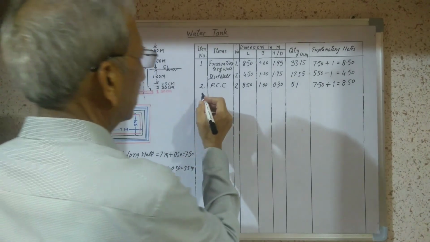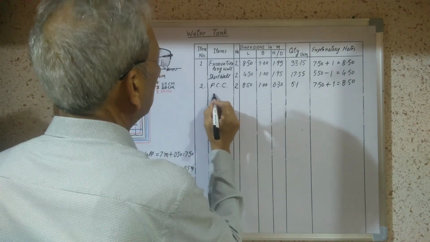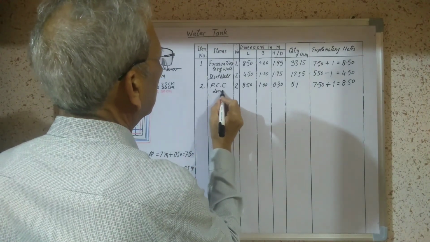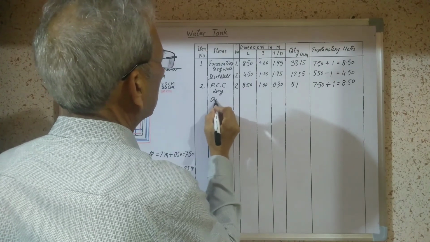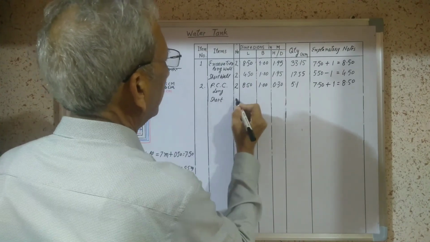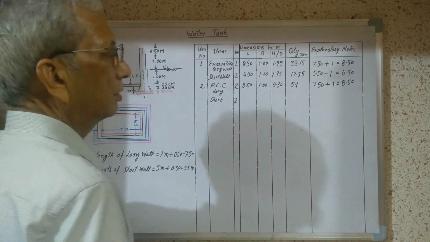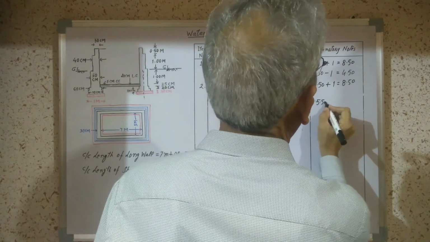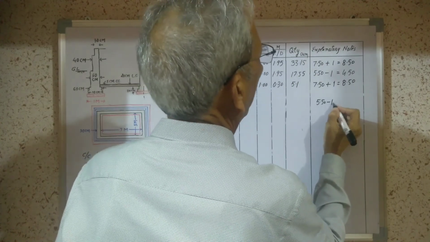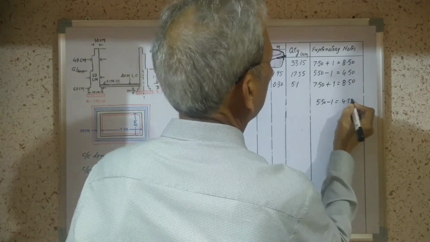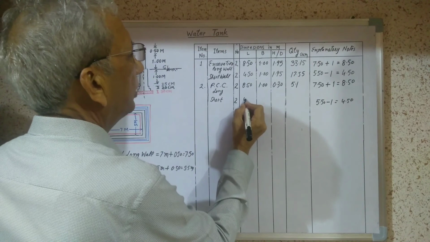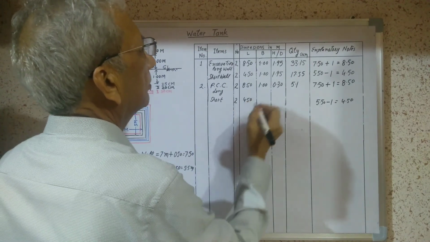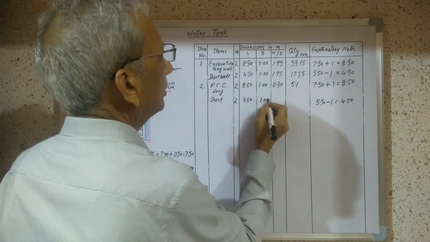Now short wall. This is long wall and now short wall. 2 number of walls. Here again, center to center length 5.5 minus 1, 4.5. We will write 4.5. Width 1.